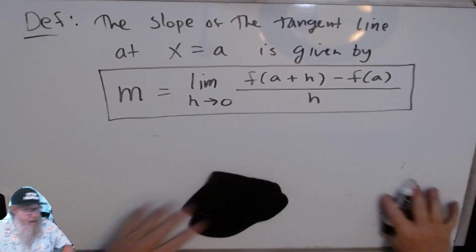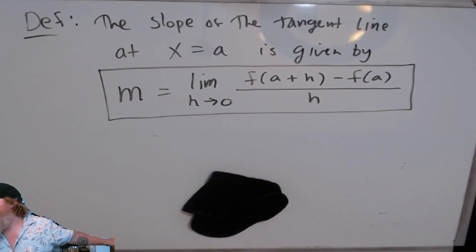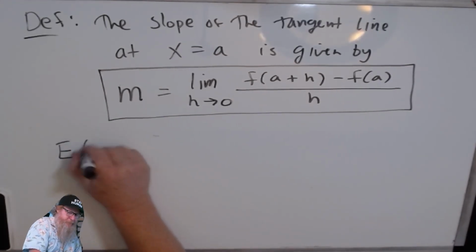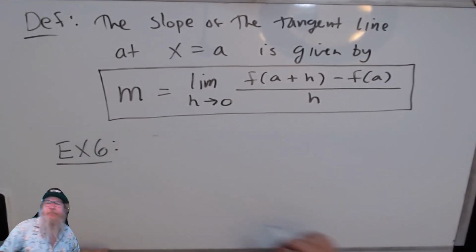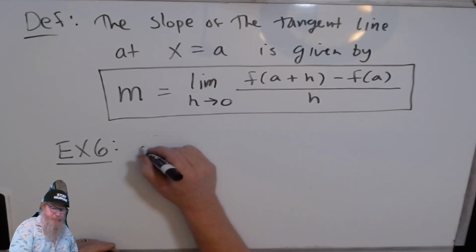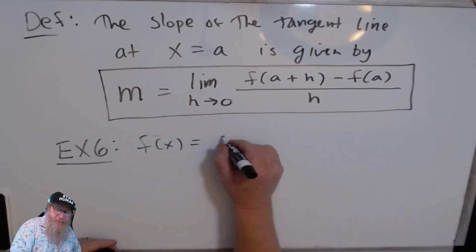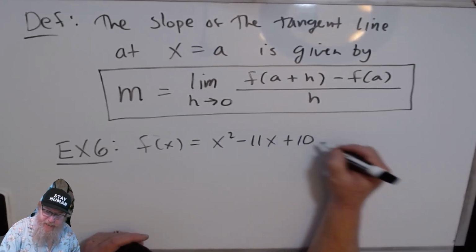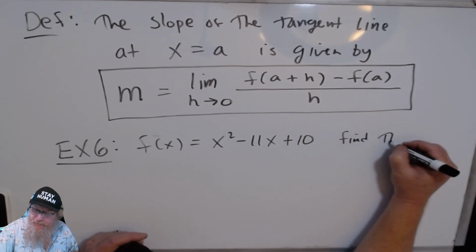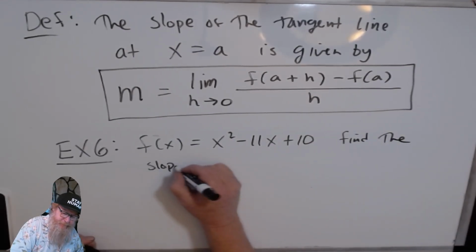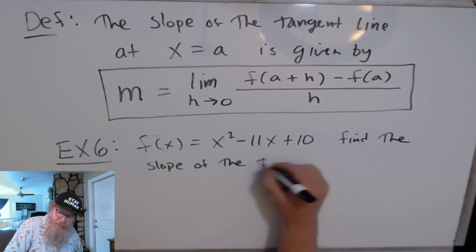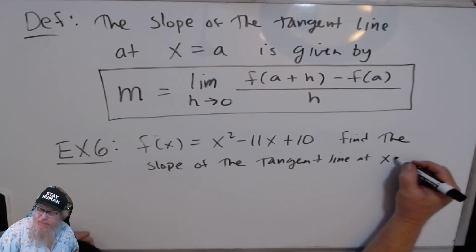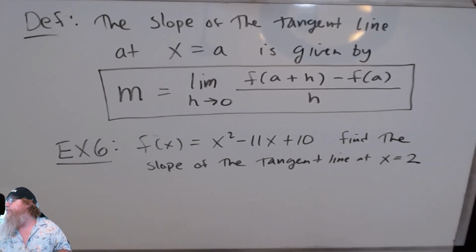Alrighty. Excuse me. Example, I don't know what we're up to, 6. So f of x is x squared minus 11x plus 10. Find the slope of the tangent line at x equals 2.